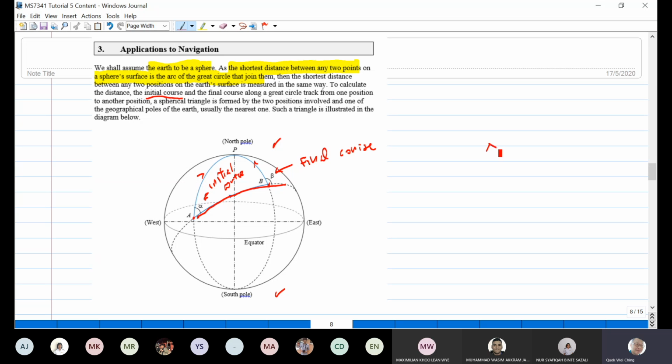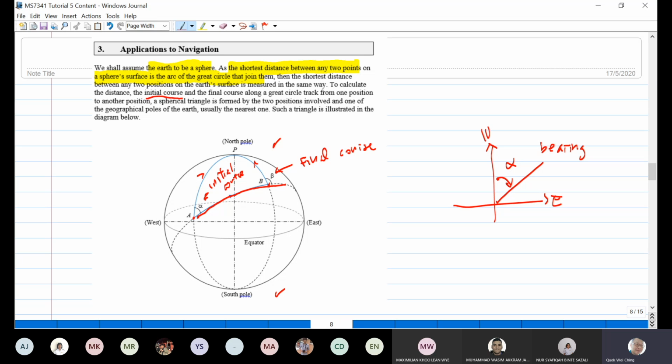We draw the bearing in this way, for example east of north, measured from the North Pole. So this alpha is usually the bearing here, except that we don't draw it in a straight line. We join to the Earth's North Pole, then measure the angle. That is the bearing here.